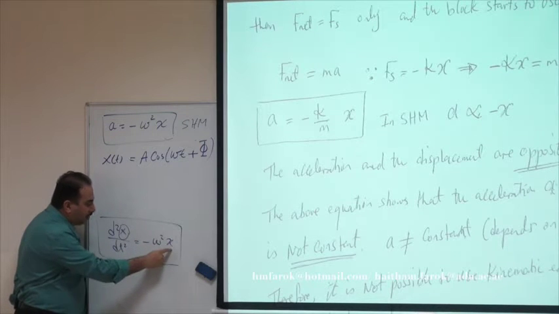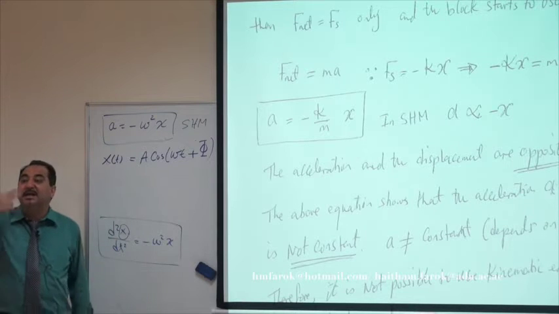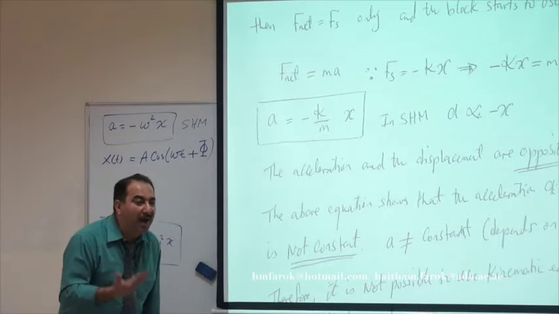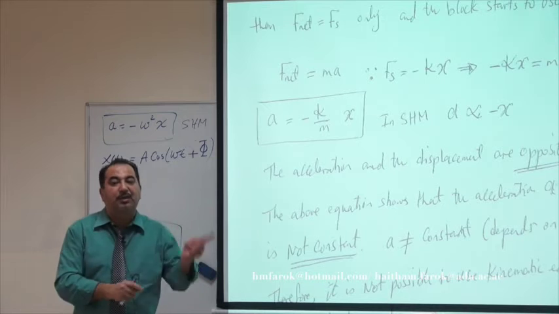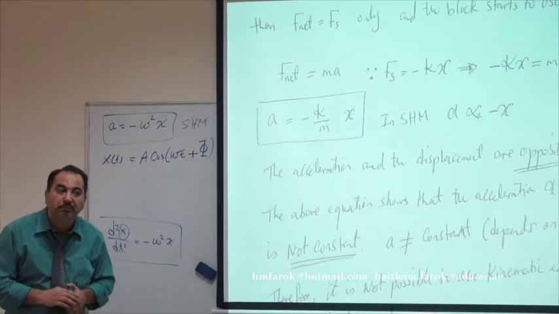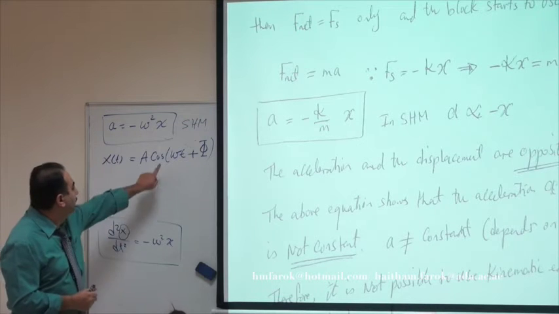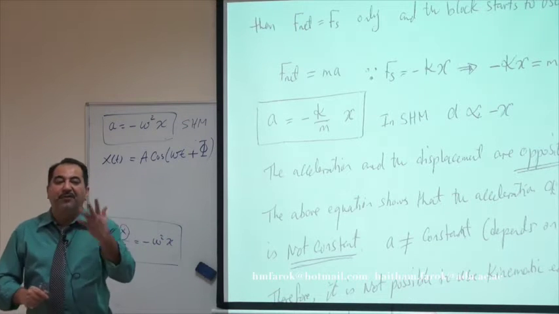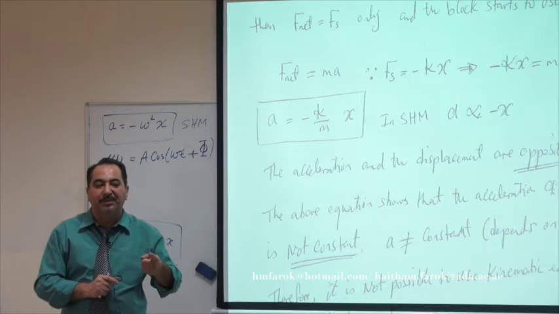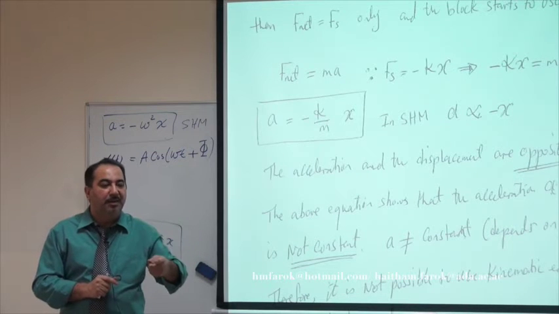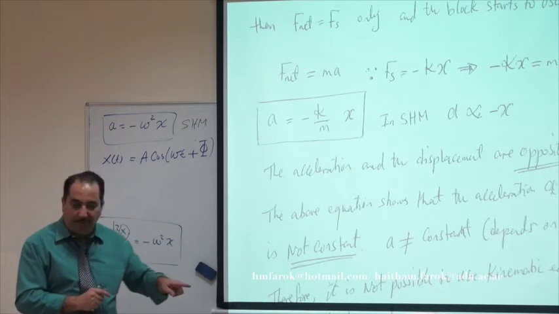This means the function equals its second derivative. Which function in mathematics, when you derive it twice, is equal to itself? Which function? Cosine. If you have a function cosine, derive it once, becomes? Derive it again, back to itself or not? So that's what it means.